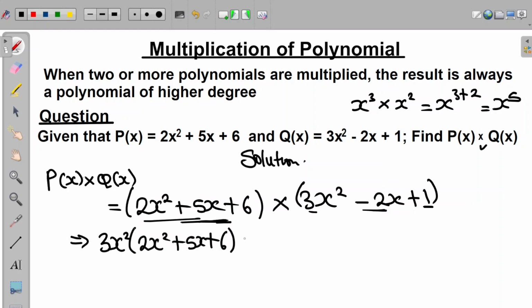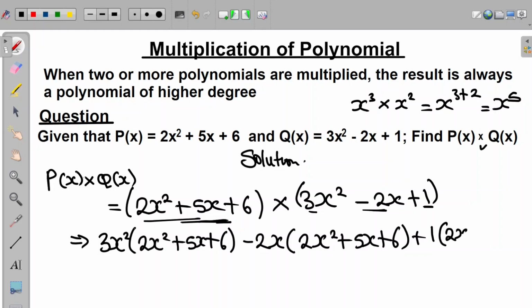We have minus 2x, open the bracket, 2x squared plus 5x plus 6. Also, lastly, we have plus 1, open the bracket, 2x squared plus 5x plus 6. That will close up the bracket.